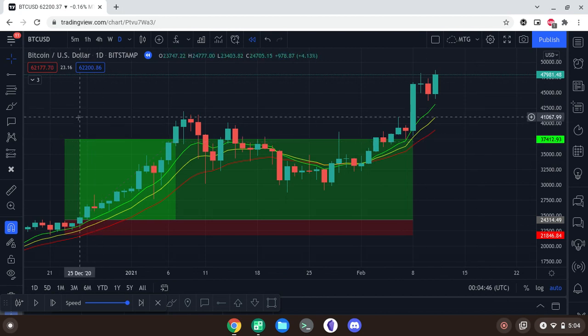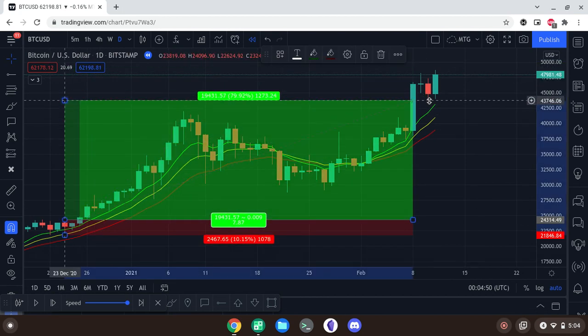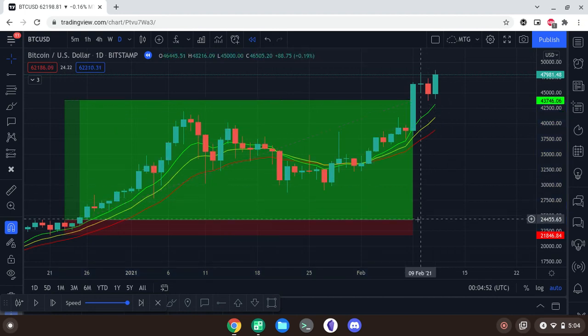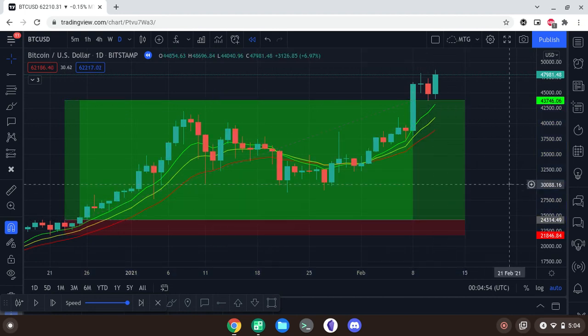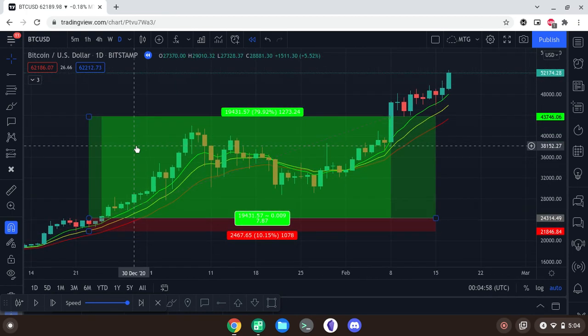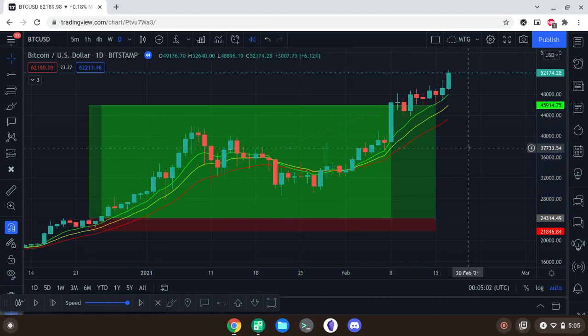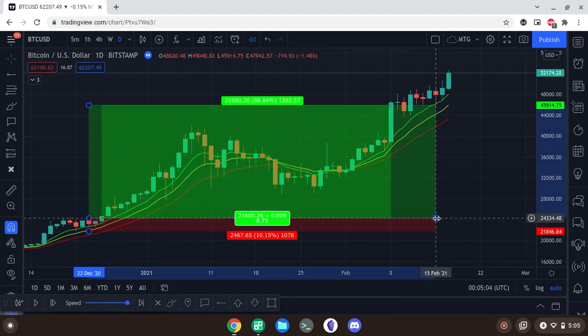The trend continues. Let's move our stop loss up even higher. Now we've locked in 7.87% profit. And the trend progresses higher. Let's move our stop loss up again. Now we're at 8.75% profit locked in.